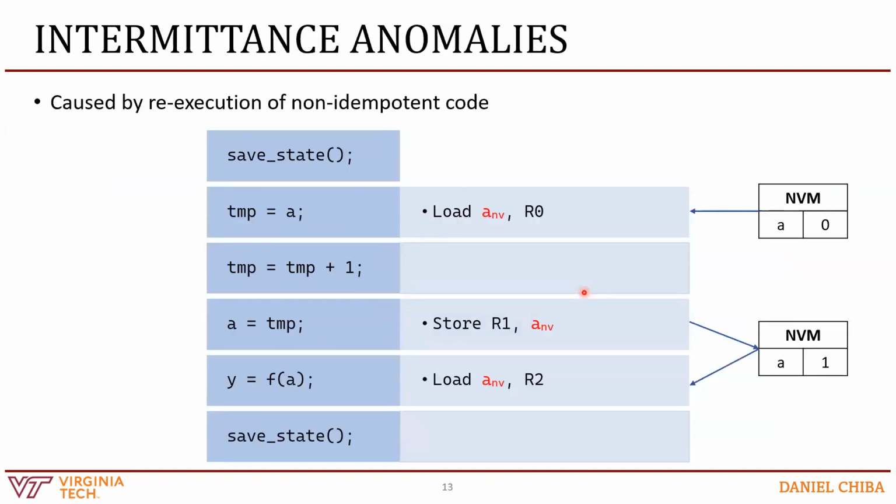Okay, so Alfred introduces some intermittence anomalies as well that need to be taken care of. These intermittence anomalies are caused by re-execution of non-idempotent code, which is code that will behave differently if it's executed twice instead of once. So let's look at this computational interval here.